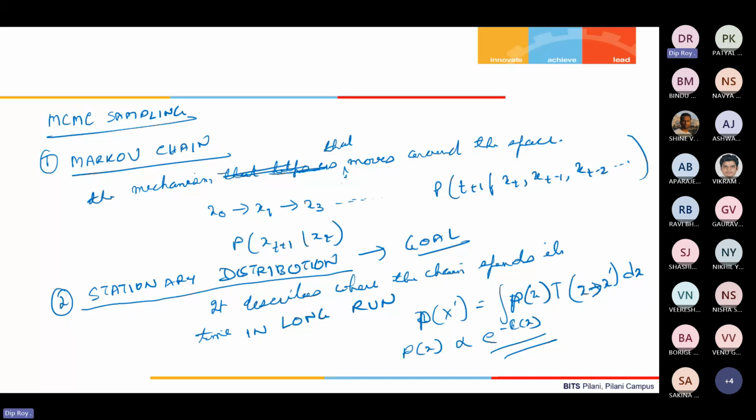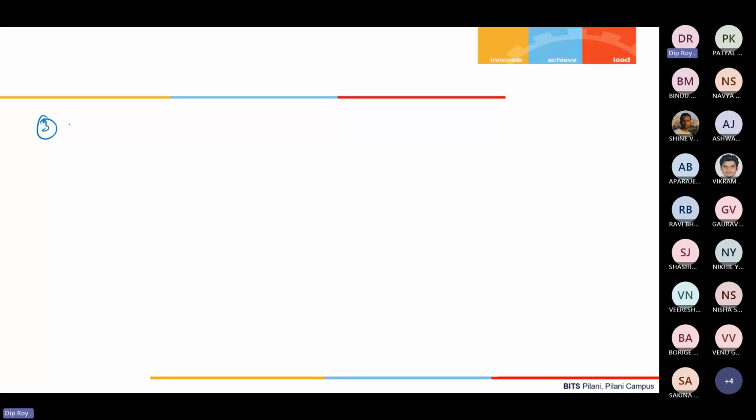The third component is called Markov chain Monte Carlo sampling, and this is basically the actual sampling. Remember, Monte Carlo is essentially an umbrella of sampling activities.